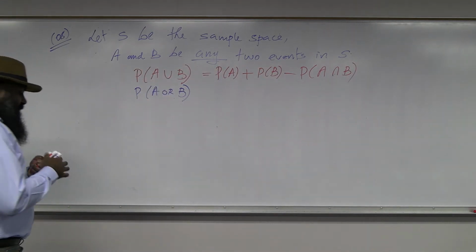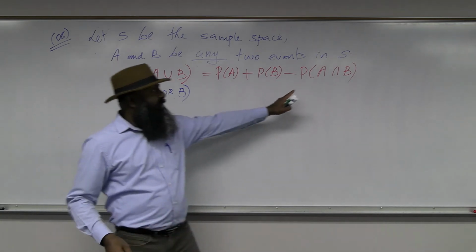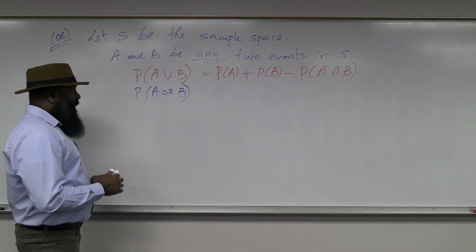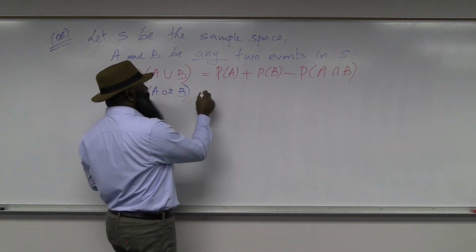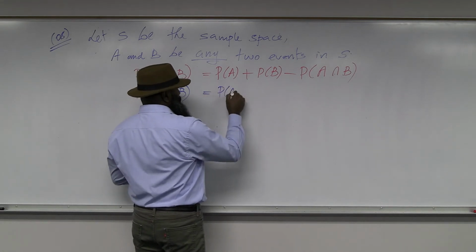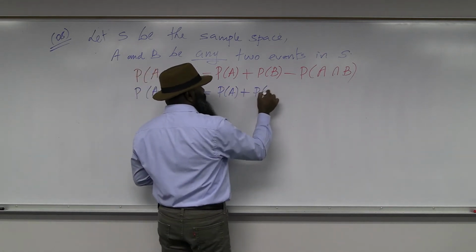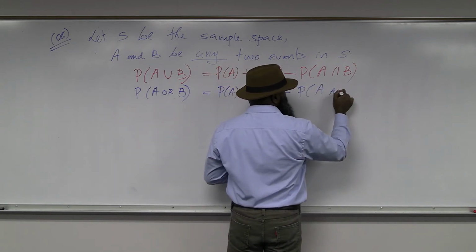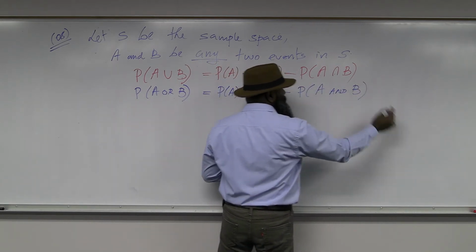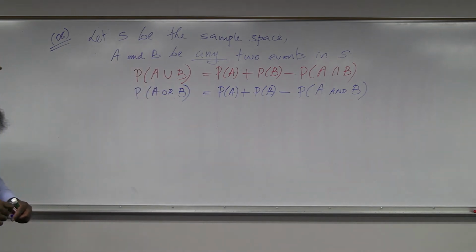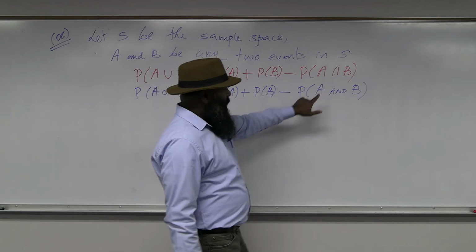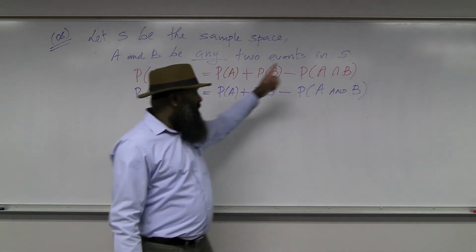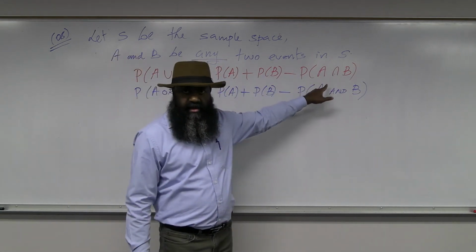So if you prefer the words rather than the symbols, union and intersection, you can write it as probability of A or B equals probability of A plus probability of B minus probability of A and B. Now you can also rewrite this term on the left hand side and that term on the right hand side if you want to.